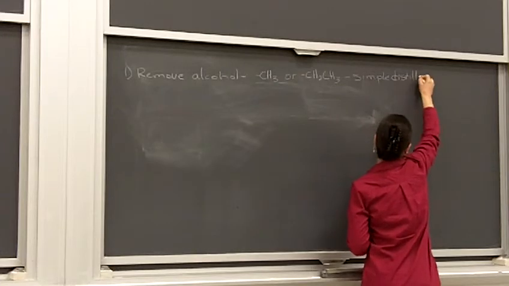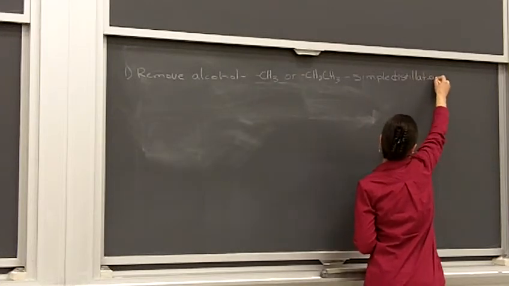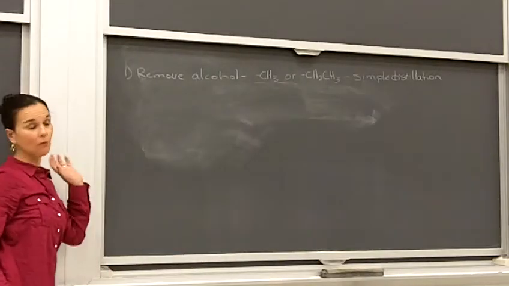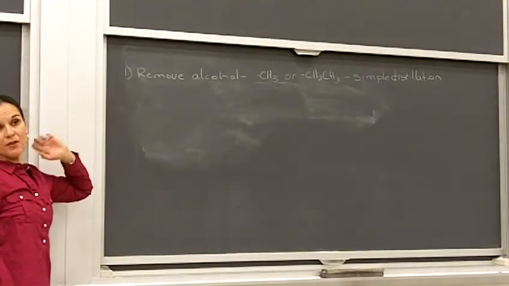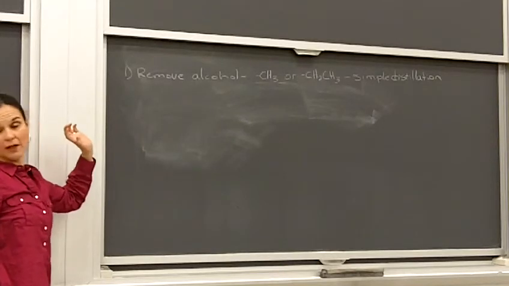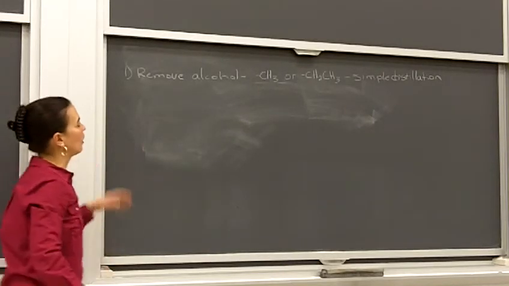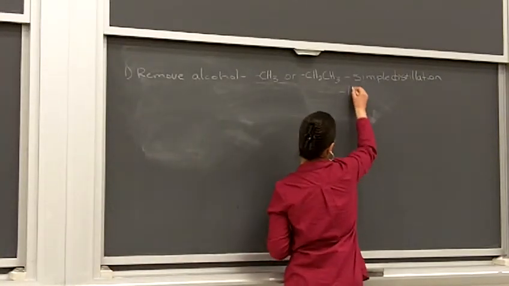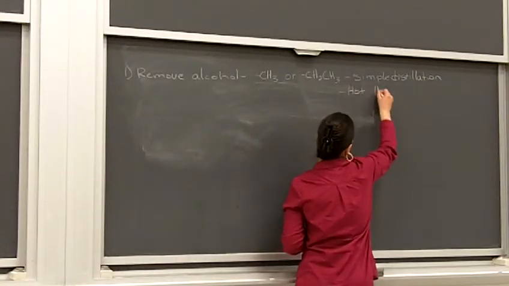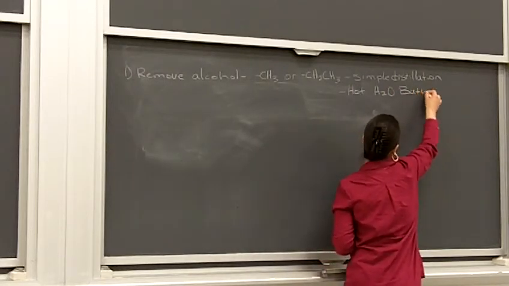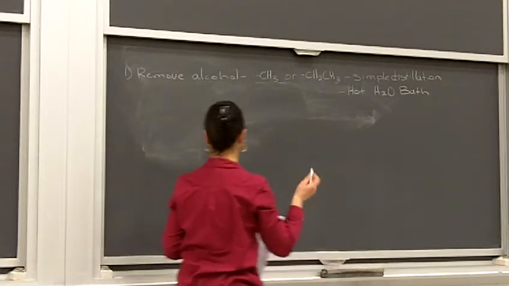Just because with that acid in there, we don't want to cook it any more than we did with the reflux. So we don't want to use the heating mantle to distill it. Okay, we're going to do a simple distillation, and we want to use a hot water bath. Okay. So you'll remove it with a hot water bath.